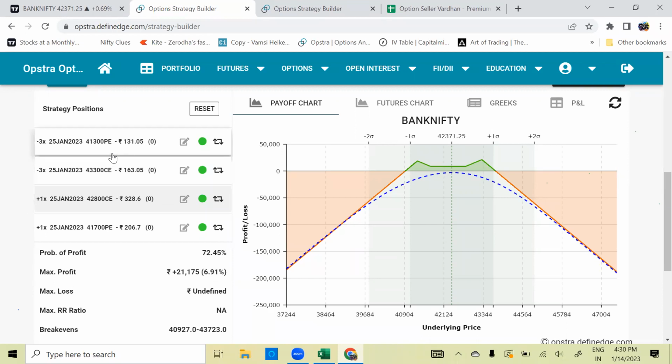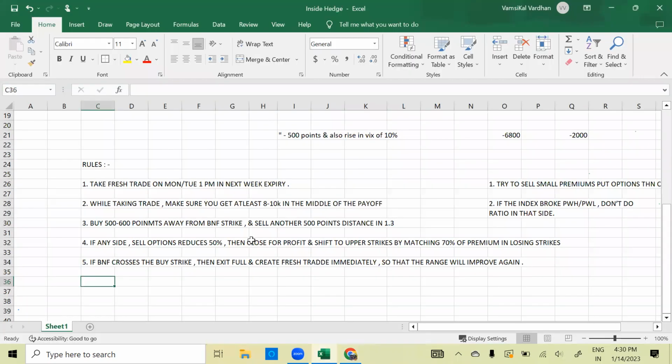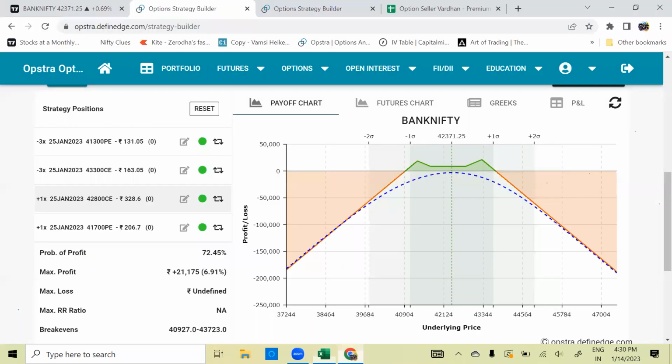Whenever on any one side the decay becomes 50%, we can close it and shift to the same side, a little above strike. Let's say we have 41,300.